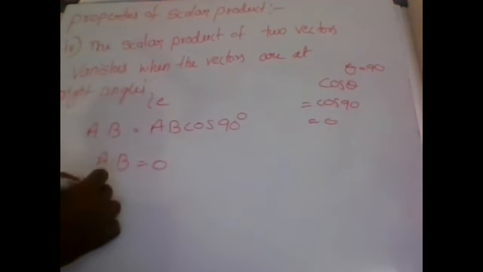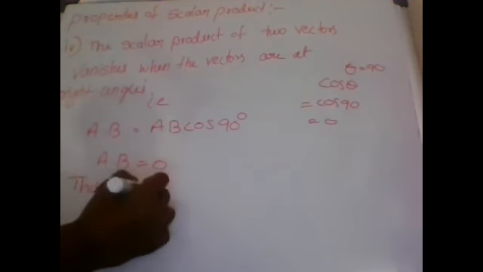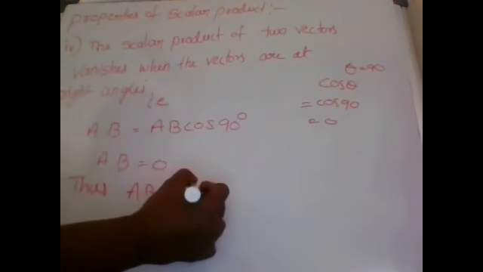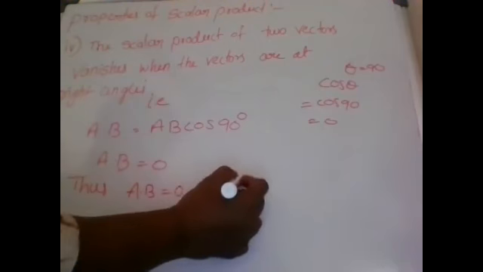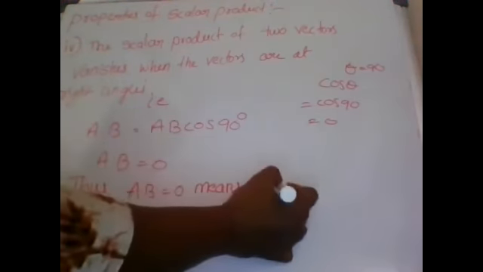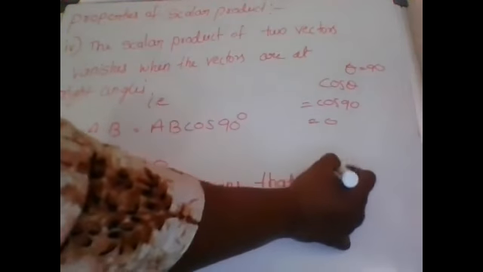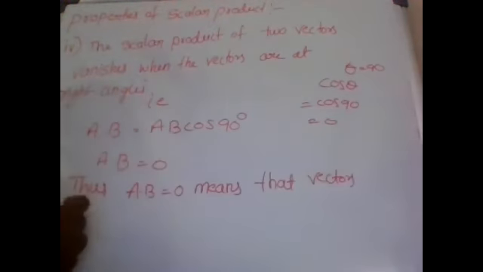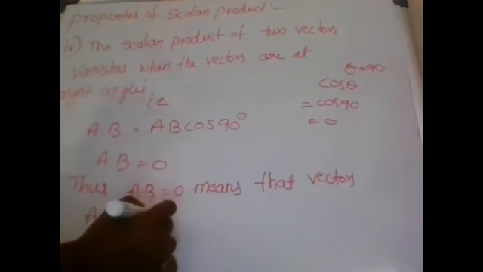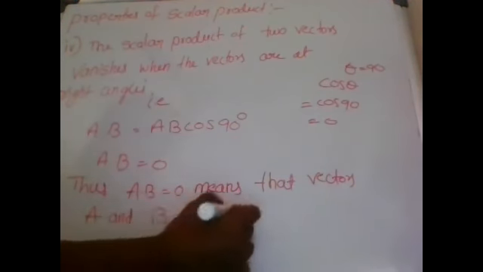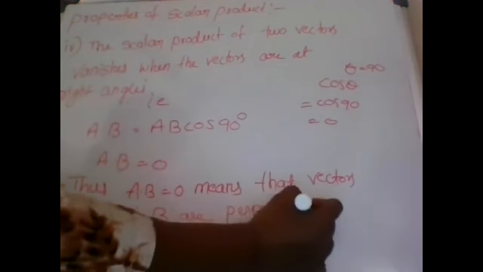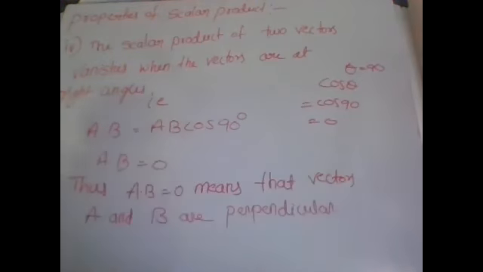Thus A dot B equal to 0 means that vectors A and B are perpendicular. This is the fourth property.